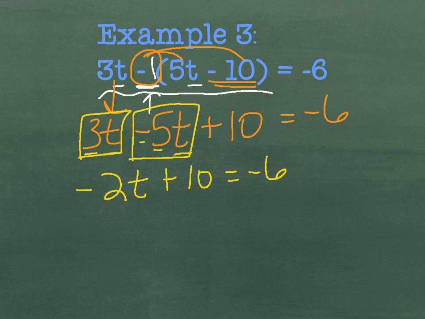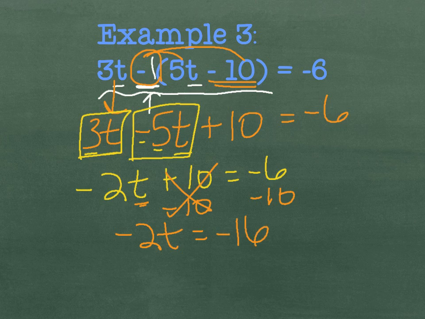Now I see, okay, I have a two-step equation. I have only one t, so now I can jump into solving. The farthest thing away from that t is the plus 10. So the inverse of plus 10 is minus 10. Do it to both sides to stay balanced. That's going to cancel out, leaving me with negative 2t equals negative 6 minus 10 is negative 16.